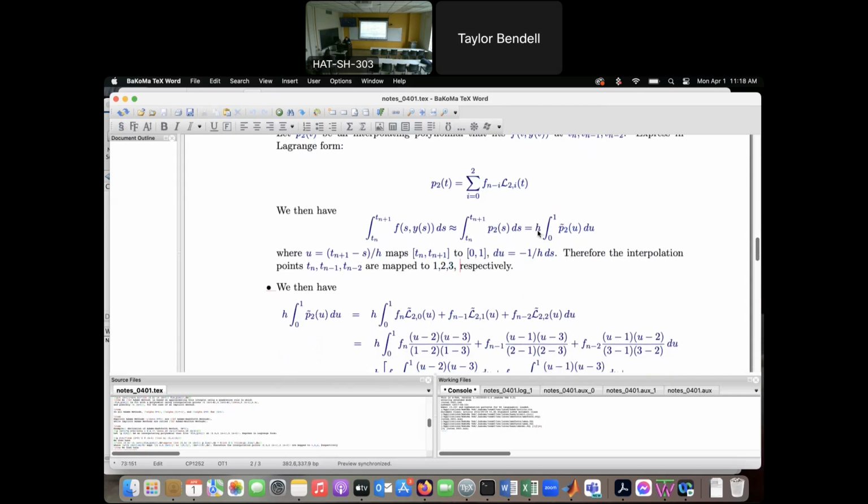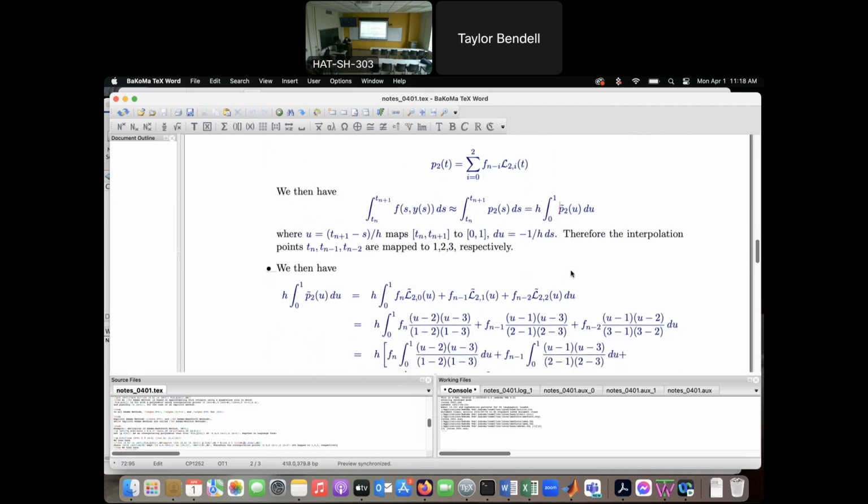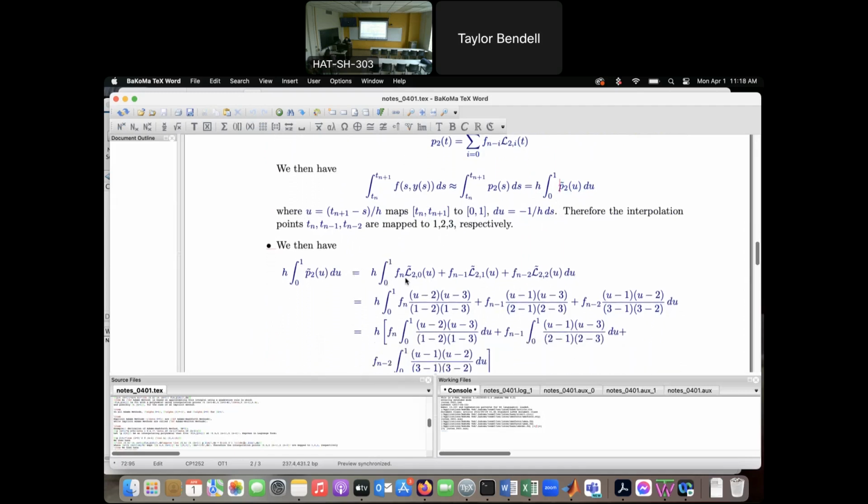So now I'm going to work out this integral, which will give me my coefficients. When I'm working out this integral, I fill in the form of the Lagrange polynomial, interpolating at 1, 2, and 3 for U values.